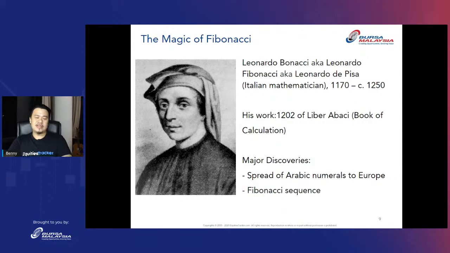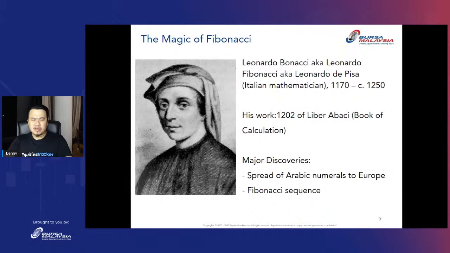So this guy Leonardo Bonacci, or Leonardo Fibonacci, or Leonardo di Pisa, because he's from Pisa, Italy, right? He's an Italian mathematician from 1170 to 1250. He spent most of his time discovering mathematics and statistics in the Arab nation.